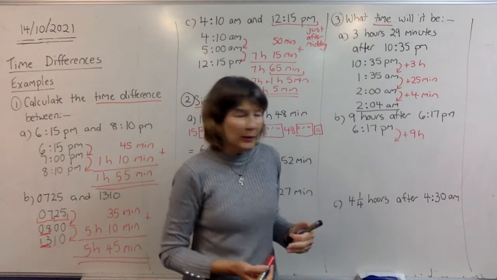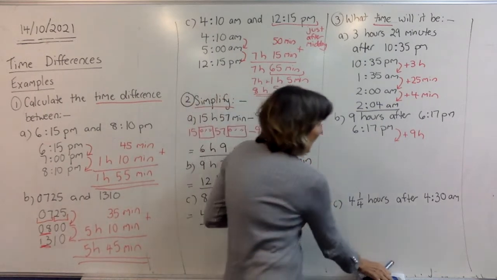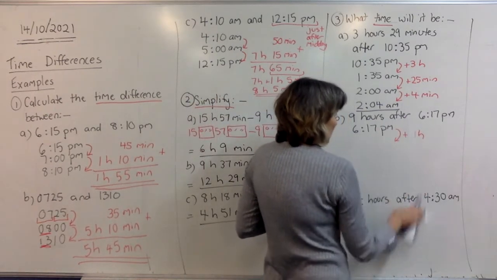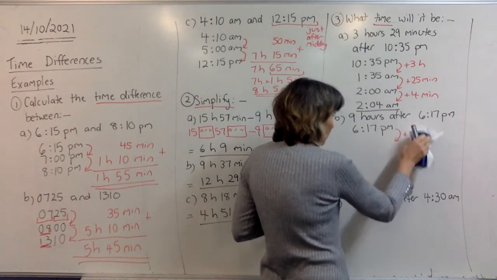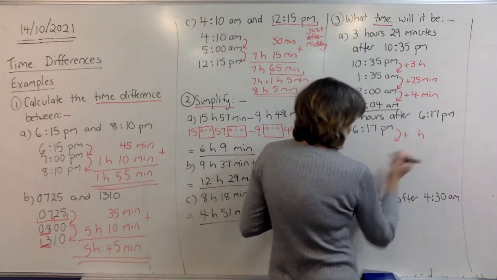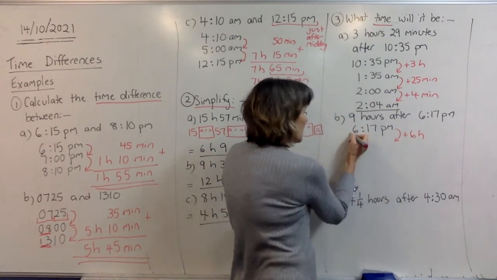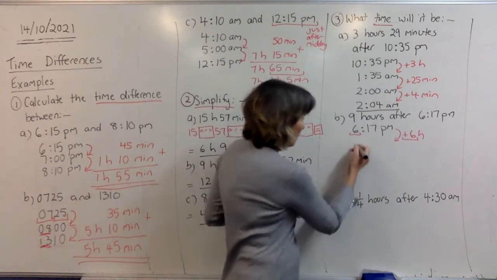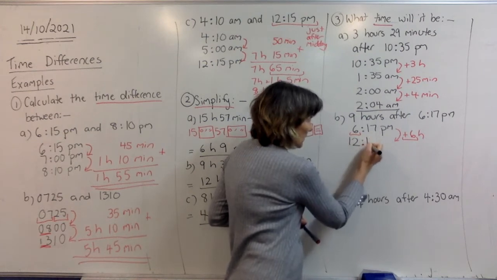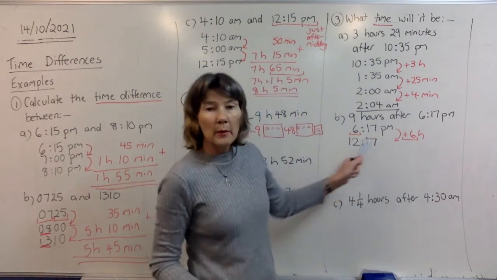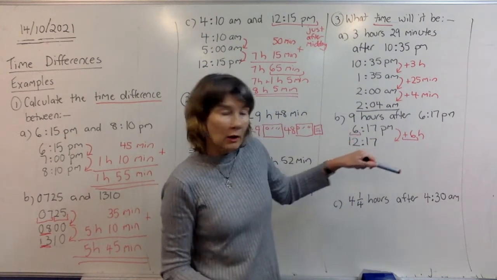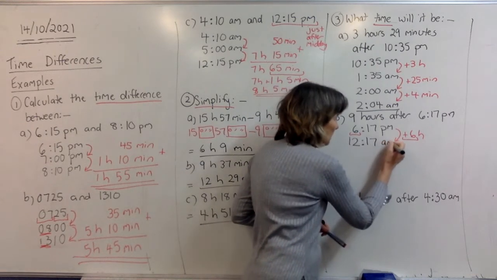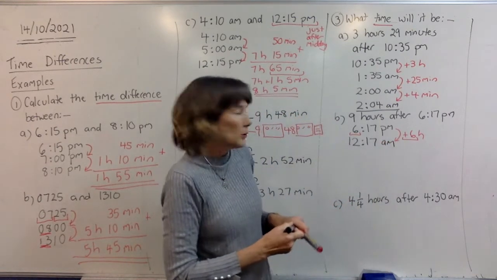So if you're not very good with that, let's just go and add 6 hours, because we know that's going to take us to our 12. Right, so if we add 6 hours to our 6 that we've already got there, we're going to get to 12. That hasn't changed. And remember, we're at midnight now, so we've clocked over to AM times. Now, I haven't added the whole 9 hours, have I?